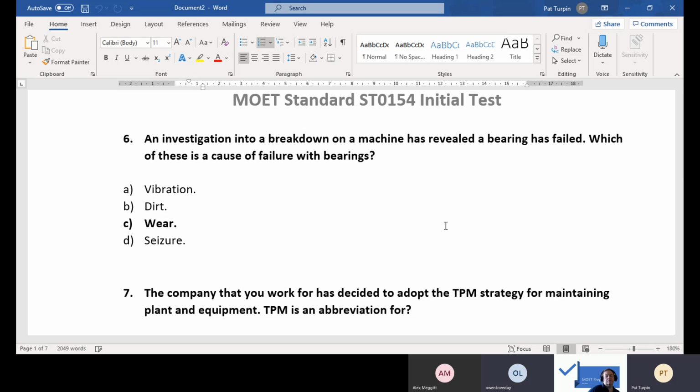C is the outcome really. Those are the symptoms. That's the outcome. So the failure of it, the fact it's worn. Why did it wear? Well, the symptom could have been vibration, dirt, or seizure. So I would stick with wear, gents, and if I ever manage to find that answer out better, I shall instantly let you know. But seriously, that's what I'd go with.